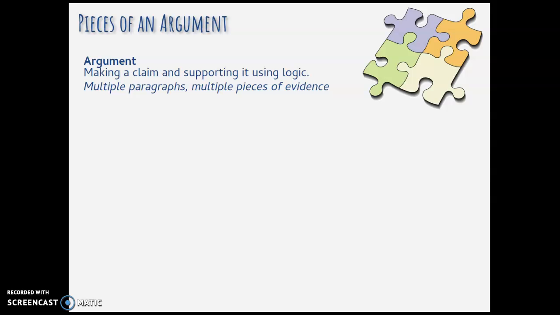You are using those cold, hard facts. Just like in a court case, our argument essay is going to be multiple paragraphs with at least 3 pieces of evidence. That's where we're looking at, is 3 pieces of evidence, those 3 reasons why our claim is what we think it is.